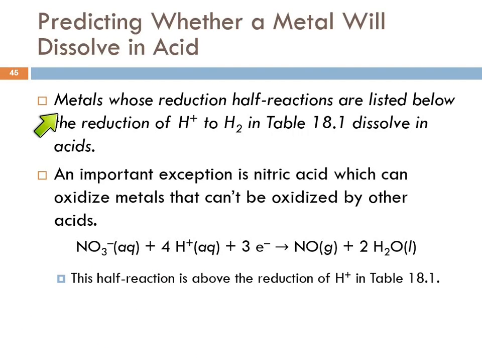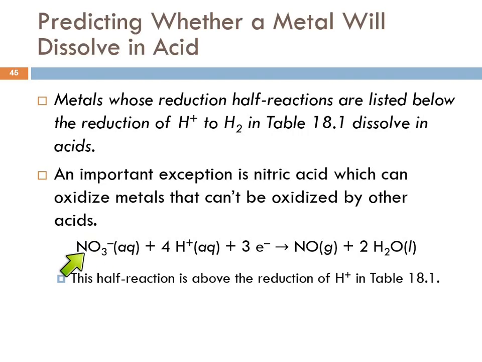So metals whose reduction half reactions are below H plus on the table dissolve in acids. Those that are above do not dissolve in acids, except, an important exception, nitric acid. Nitric acid, of course, has the potential for this reaction, but it also can oxidize using the nitrate ion.